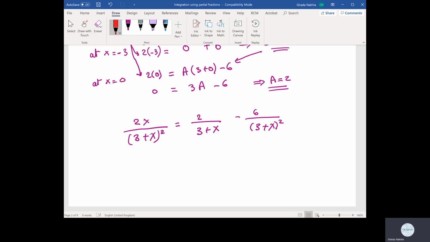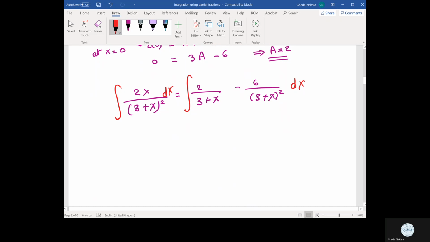I am integrating: if I integrate this side with respect to x, this means that I'm integrating this side with respect to x because they are both equal. So let's try and integrate.